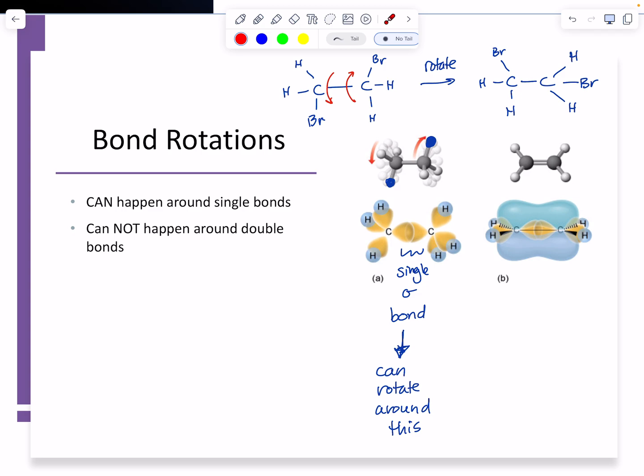Now let's look at if I have 2 separate things, which is the pi bond. So now I have 2 separate things, and in order to rotate around them, I would have to do what's called breaking conjugation. I would have to break some of that electron density and then reform it. So in this case, here's my pi bonds.